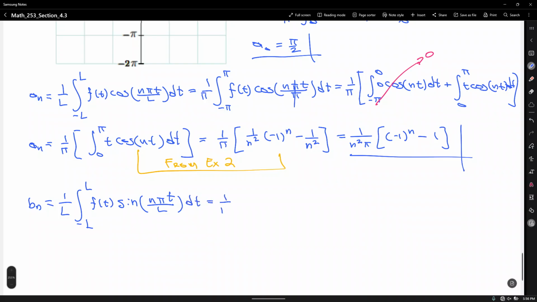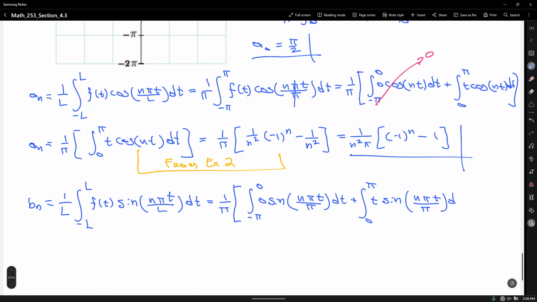That equals 1 over pi integral from negative pi to... actually, let me break this up into the integral from negative pi to 0 of the function 0 times sine of n pi t over pi dt, plus the integral from 0 to pi of t sine n pi t over pi dt.